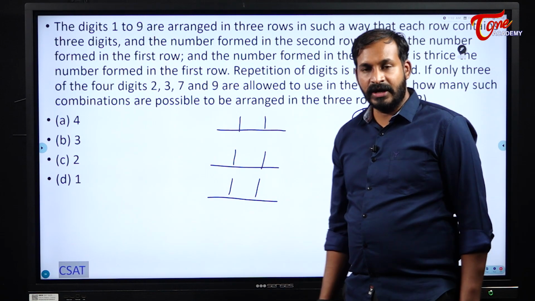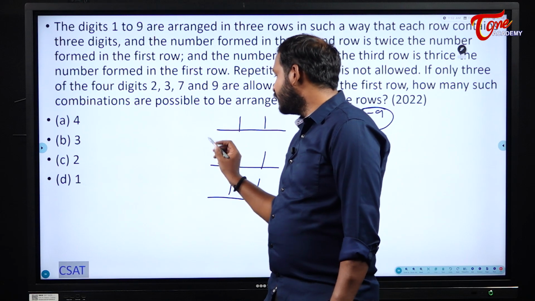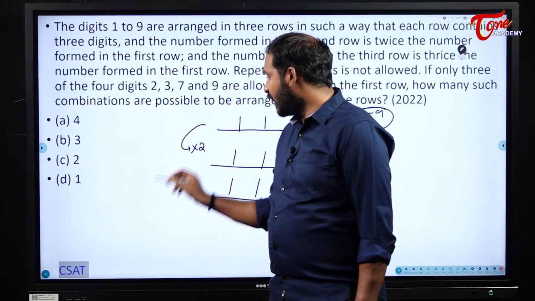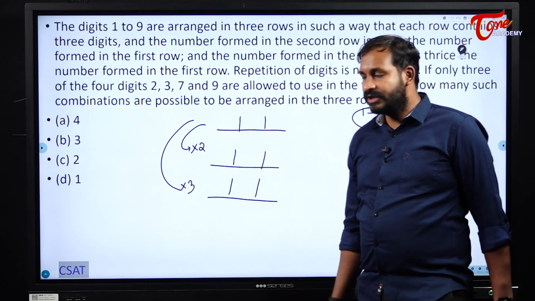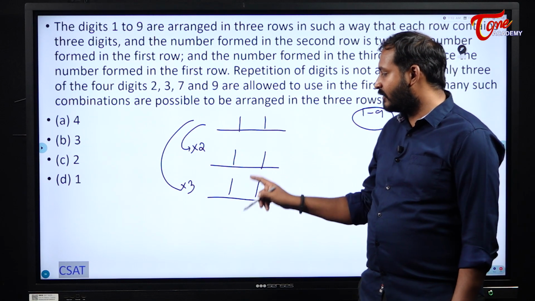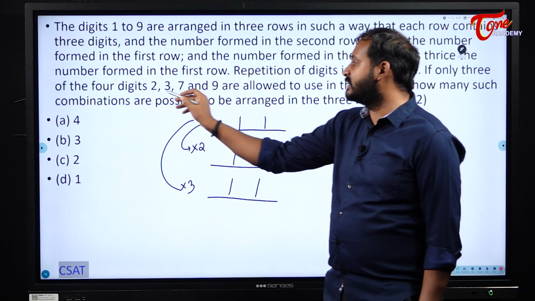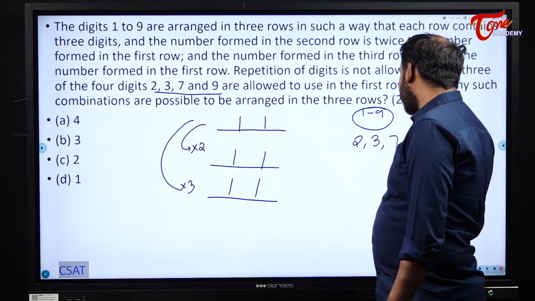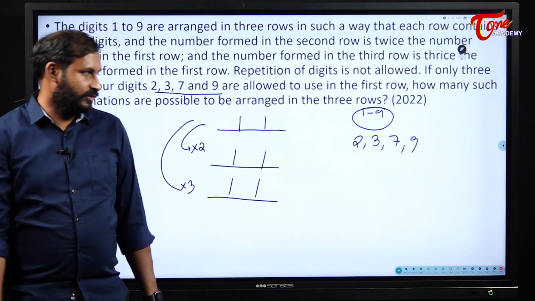Very clearly they are telling that the second row is 2 times the first row, and the third row is 3 times the first row. And they clearly said that the digits to be used in the first row are either 2, 3, 7 and 9. These are the digits which we need to use in the first row.